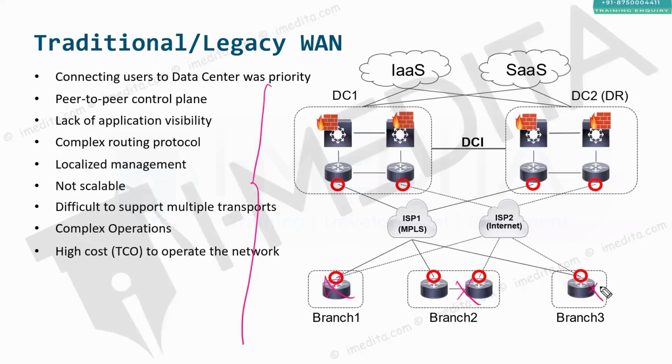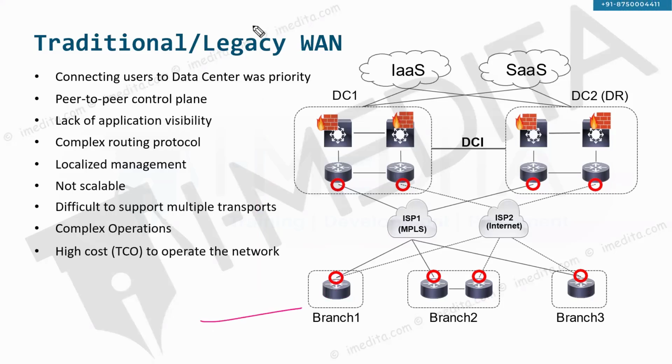Instead, I am going to deploy the security appliances in the data center, and then we are going to redirect all the traffic from the branch to the data center.